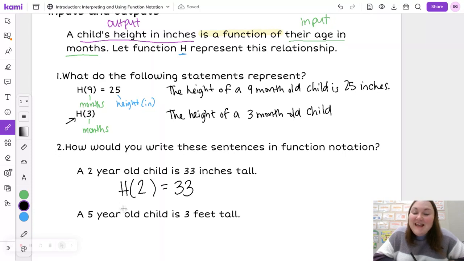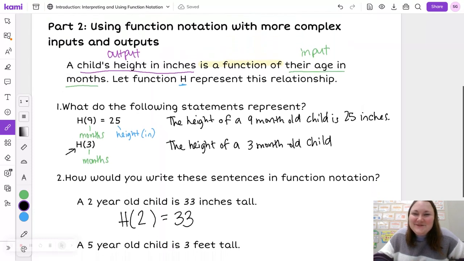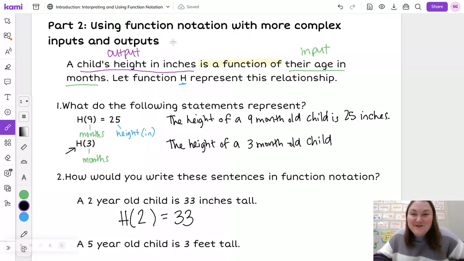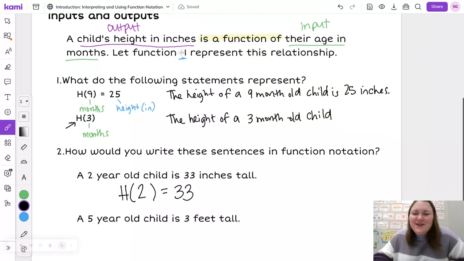If you were thinking that too, you were close, but there is one part that is not correct. There's one part we need to change. And it has to do with what we said today's all about, which is looking at more complex inputs and outputs. Do you see which part I need to change?